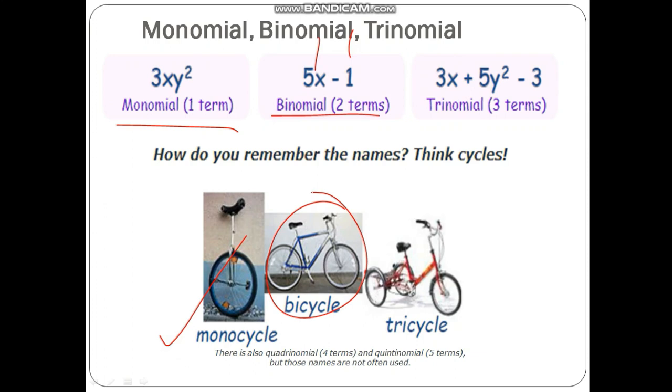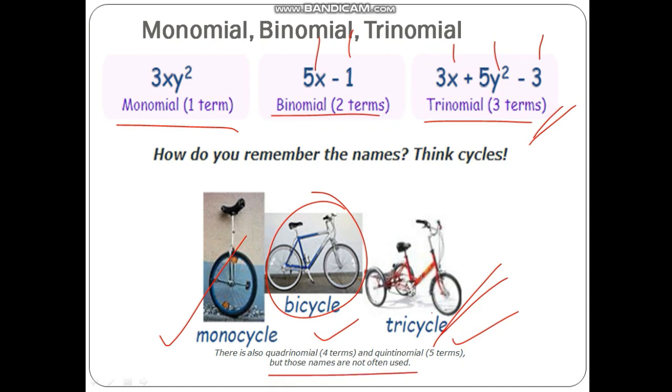If a polynomial has 3 terms, it is called a trinomial, like a tricycle. There is also a quadrinomial, 4 terms, and a quintinomial, that is 5 terms, but those names are not often used.